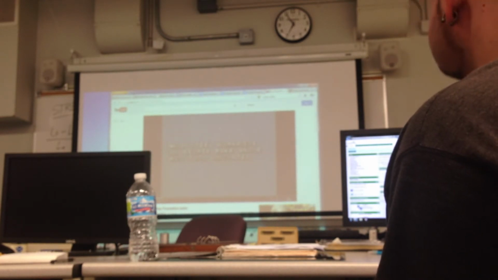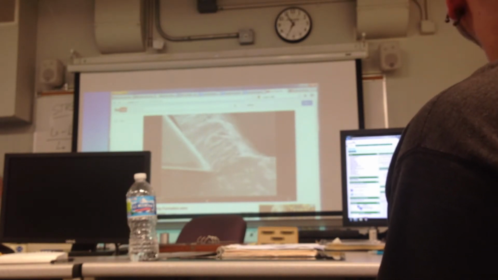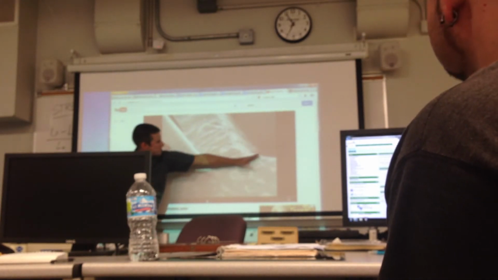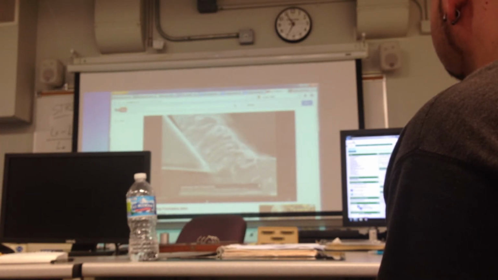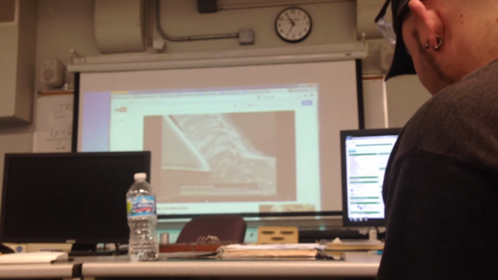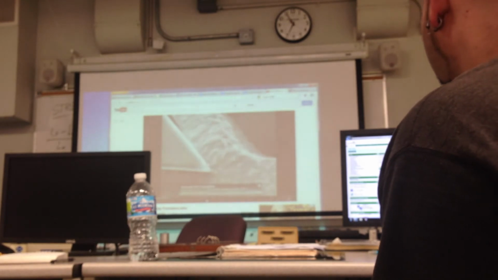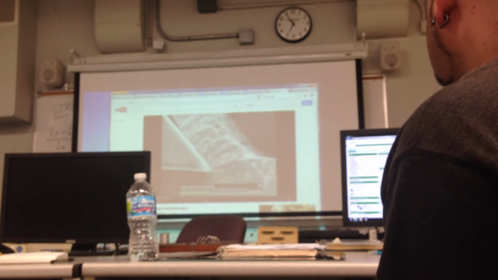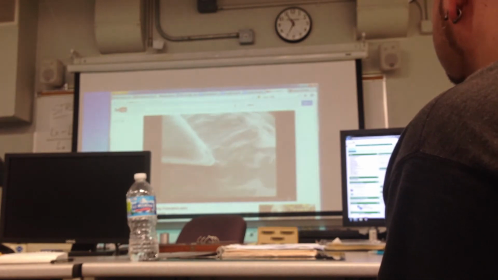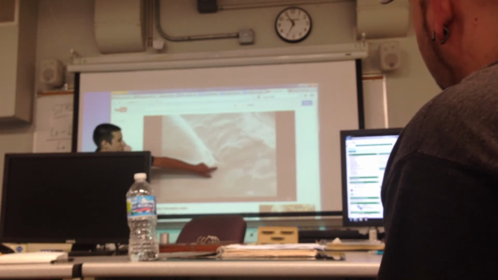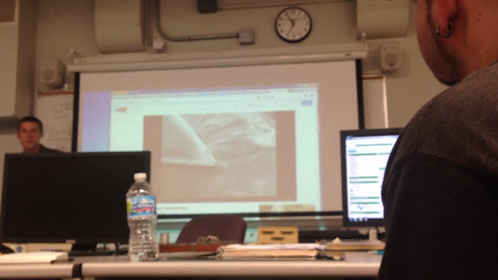You can see right there, and you can also see the grains really elongating. So what's happening right here? What's going on?